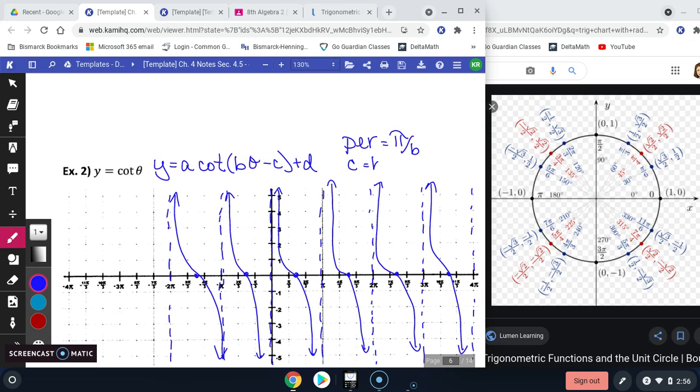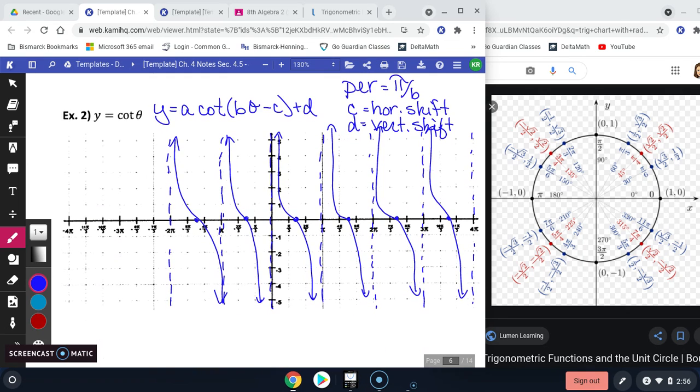C is that horizontal shift, and D gives you your vertical shift. So again, same as cosine and sine, you can shift these graphs up and down, you can shift them left and right.